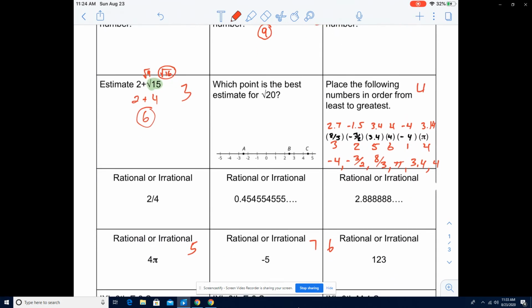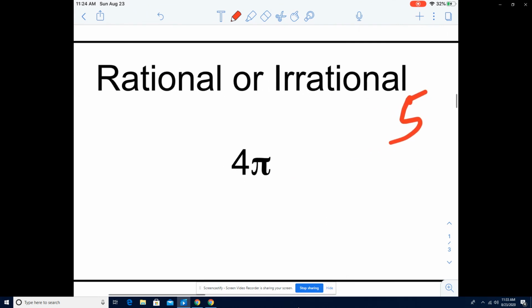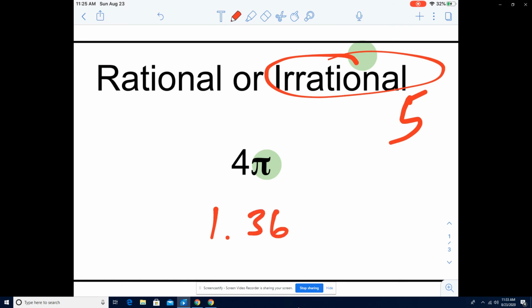The fifth type of problem that we're going to look at is to determine whether or not a number is rational or irrational. If it's got pi in it, you're guaranteed that it is going to be irrational. So another thing that you're also guaranteed to be irrational is a decimal that goes on forever. See how there's no pattern that you can determine there?